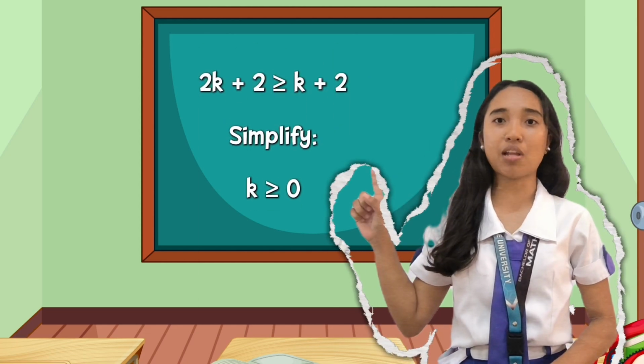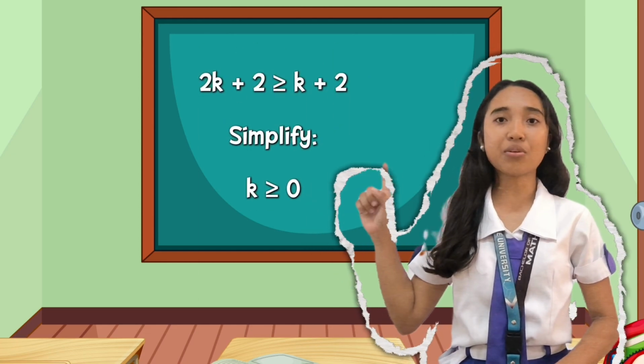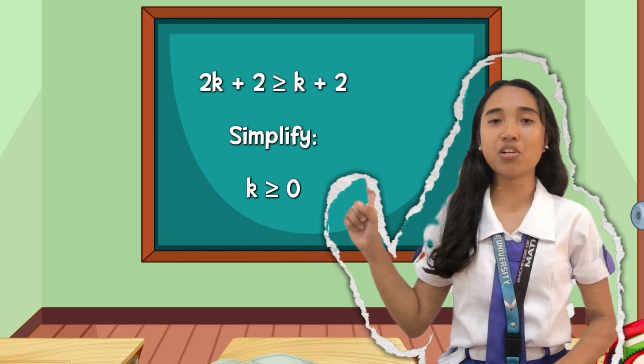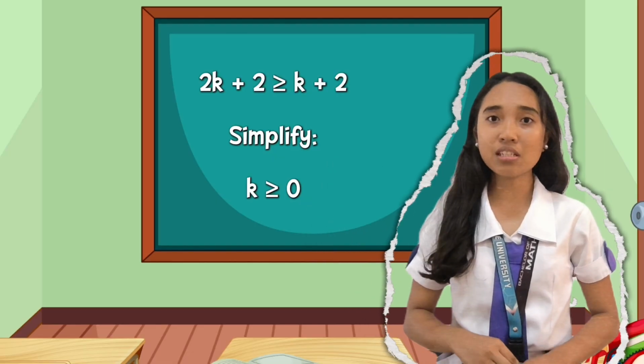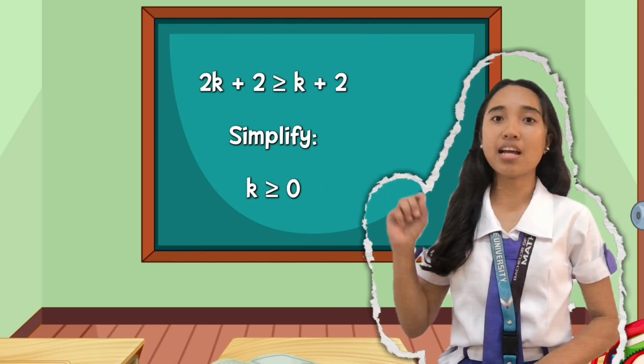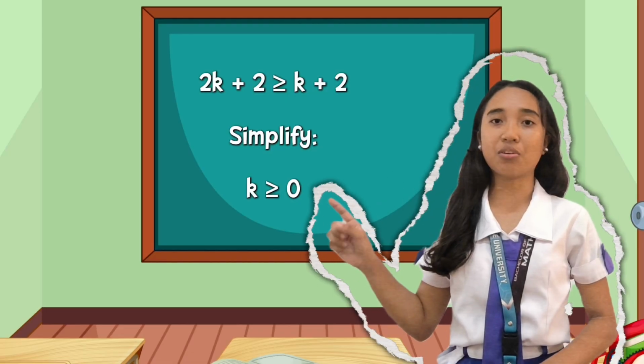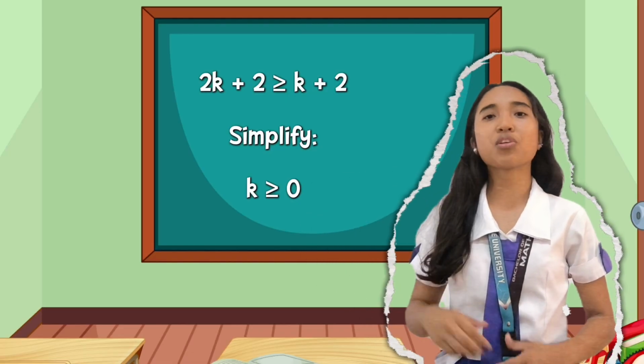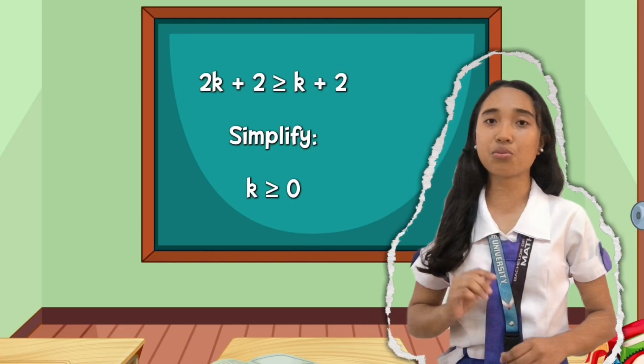Now let's check: 2k plus 2 is greater than or equal to k plus 2. Next, we will simplify. We have here k is greater than or equal to 0. Since k is greater than or equal to 1, the statement is true.